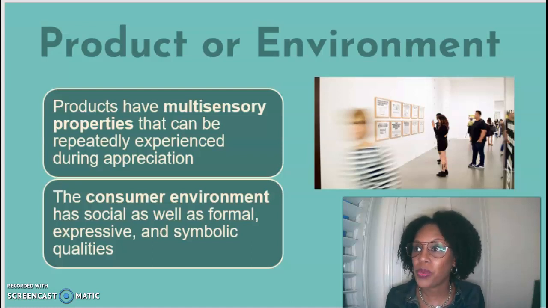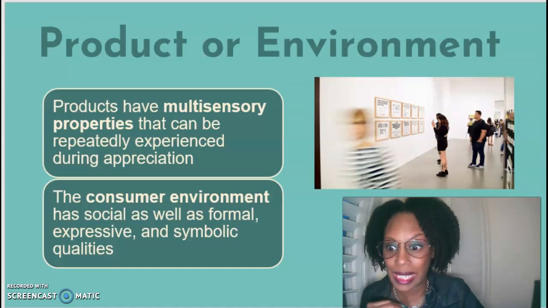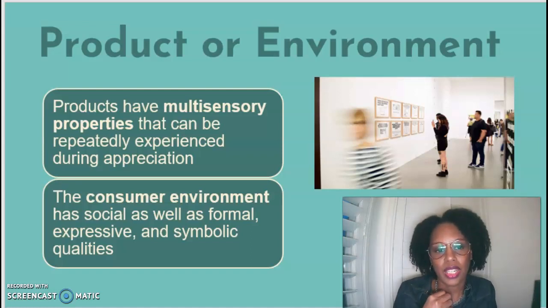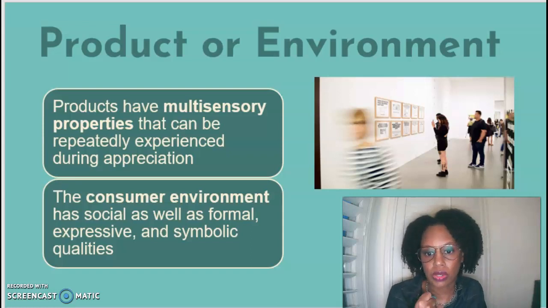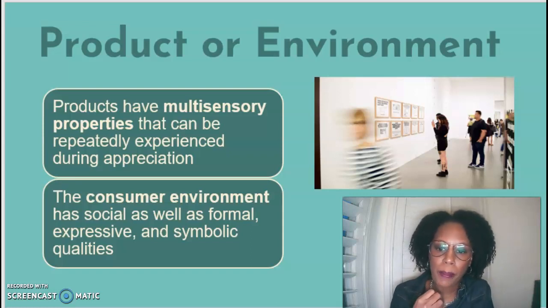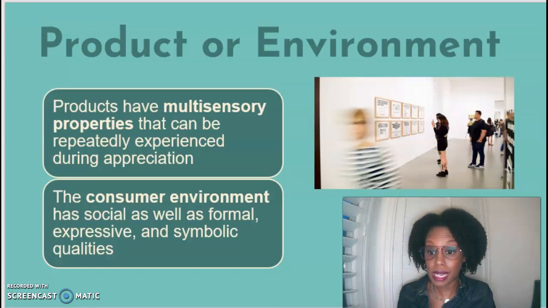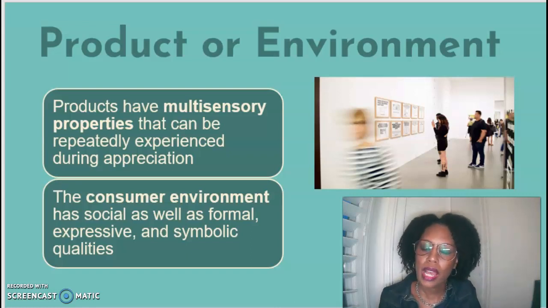Oftentimes once we see something once, we can always see it in our mind's eye, right? Or we smell a smell when we want it, or we can taste it. We can taste something before we actually taste it. Really, really important, those multi-sensory properties. And again, when we're explaining our aesthetic, we're explaining it in a multi-sensory method.